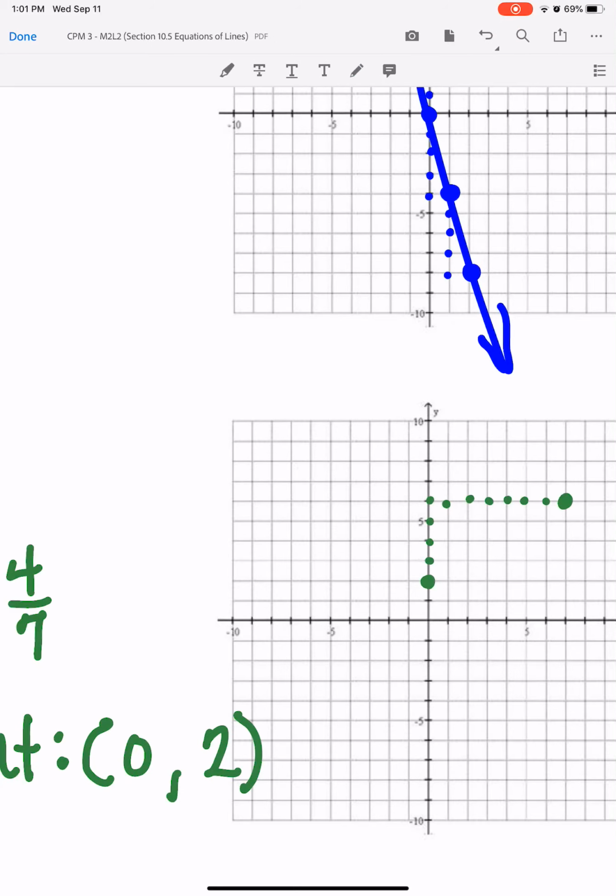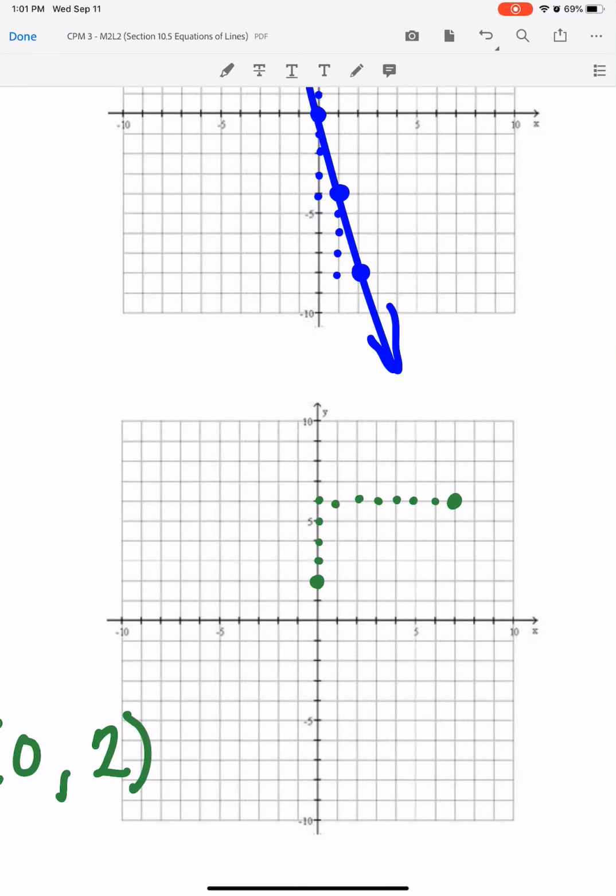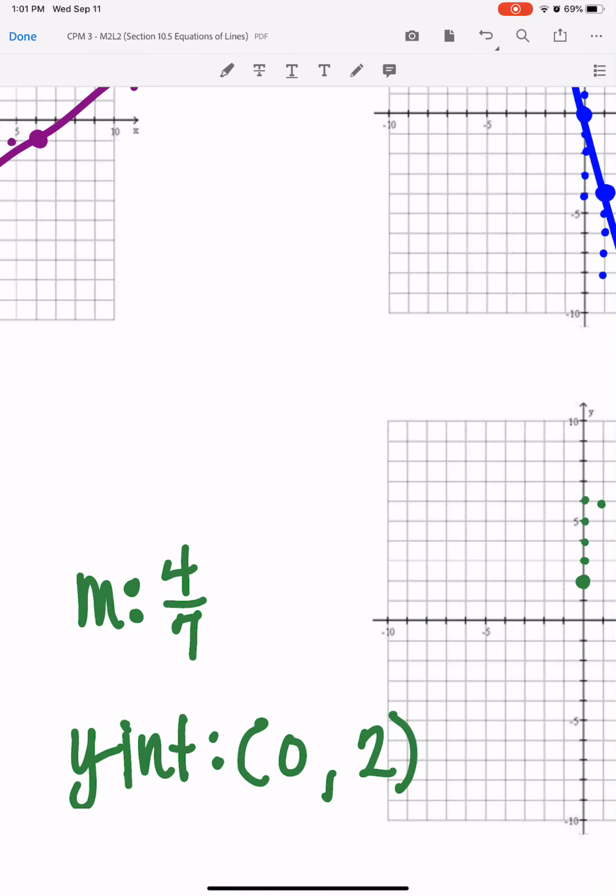Now we like 3 points, right? And so this is why it's so important that you can change that slope. If you notice here, from here I can go up 1, 2, 3, 4, but I can't run another 1, 2, 3, 4, 5, 6, 7. I don't have enough room there. So when that happens, it's super crucial that you know that this is also the same as negative 4 over negative 7, right?